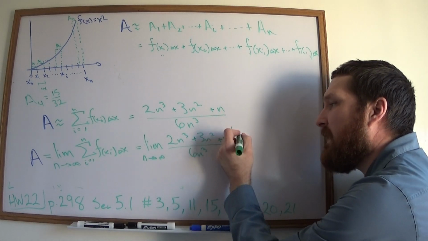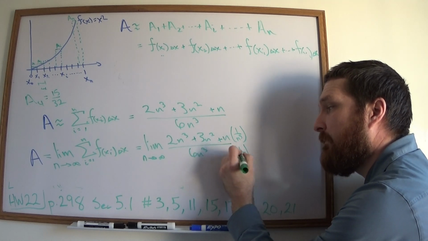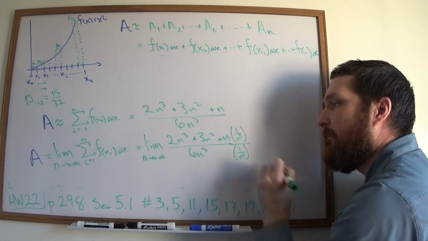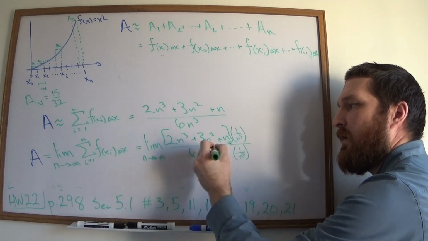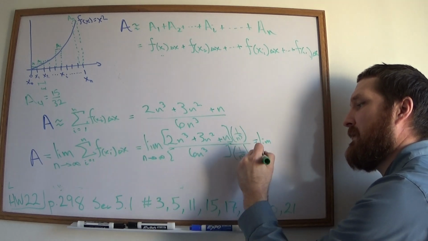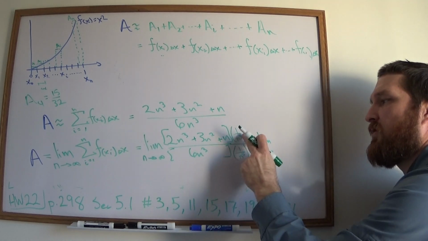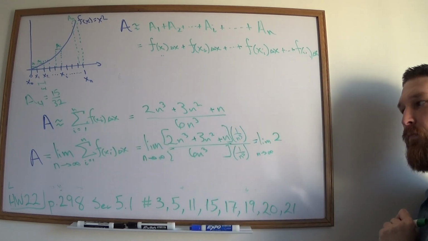But if I divide the top and the bottom by n cubed, then we get the same thing. So I get the limit as n goes to infinity of, he jumps over here and kills him, leaving me 2.